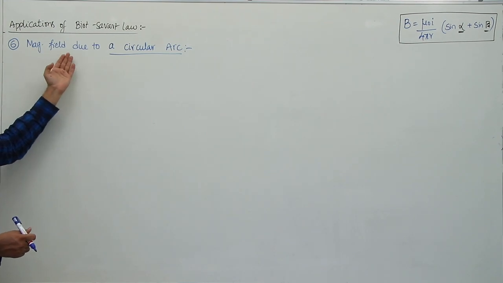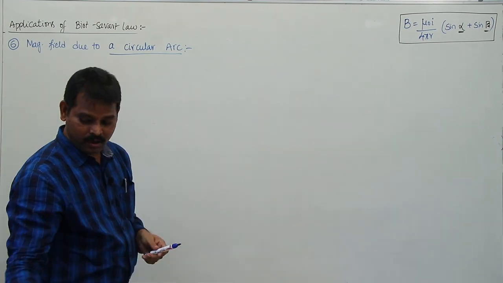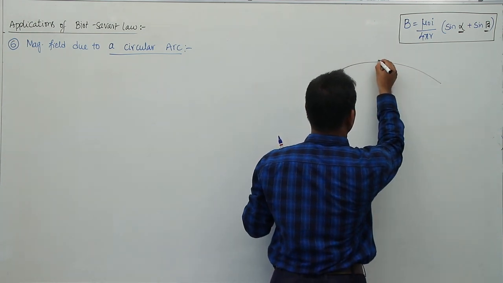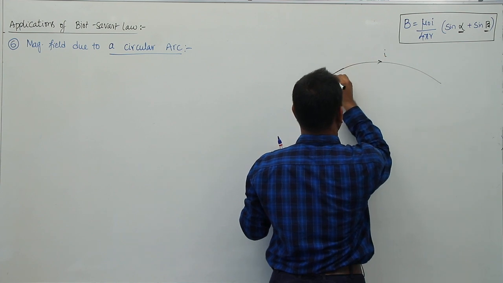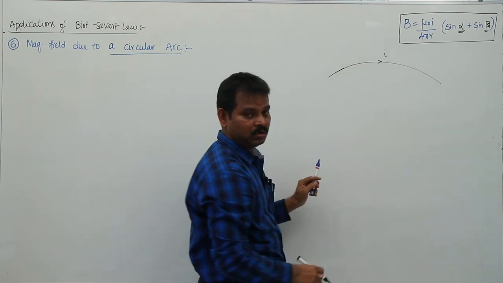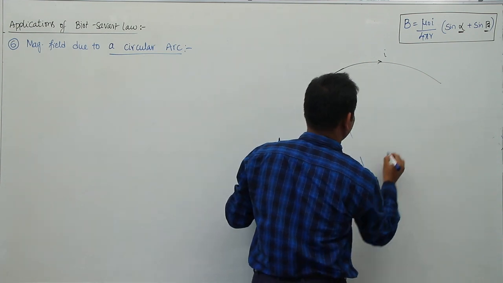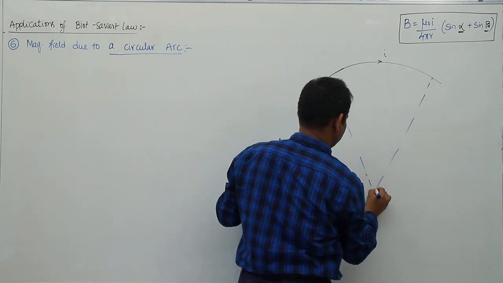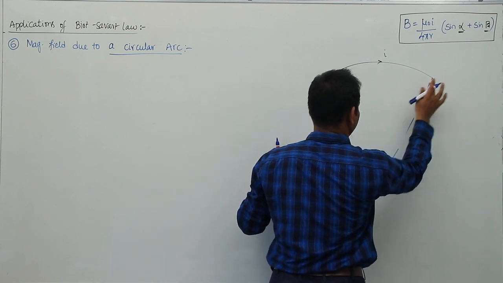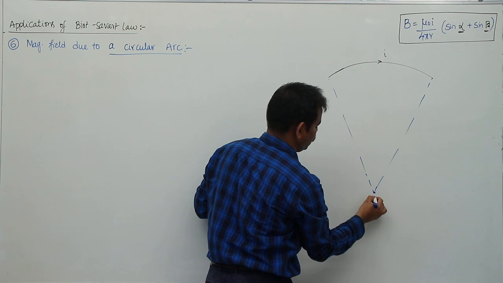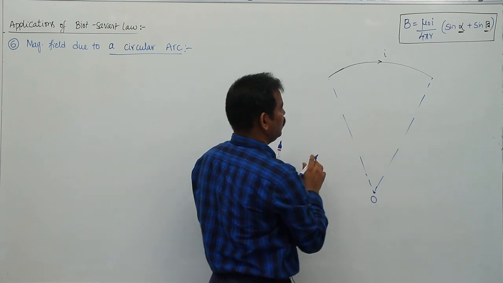Application: magnetic field due to a circular arc. Here I am going to take a wire carrying some current I, and I want to find out the magnetic field due to this circular current carrying wire. I want to find the magnetic field at the center of this circular arc.